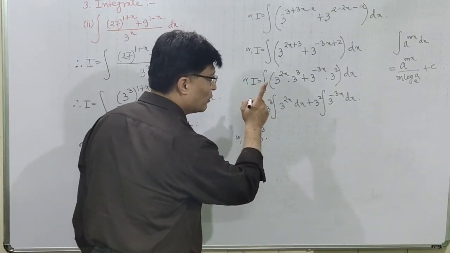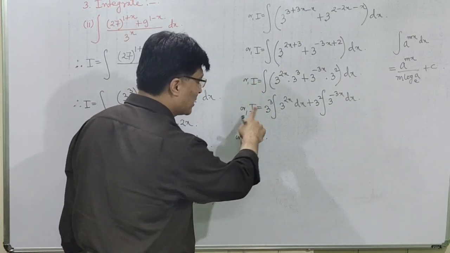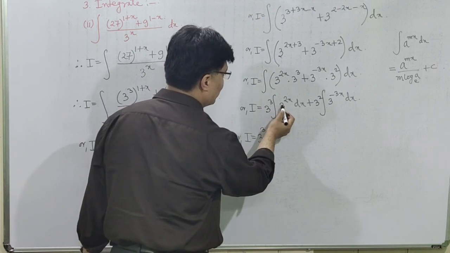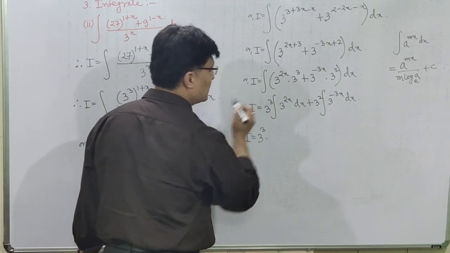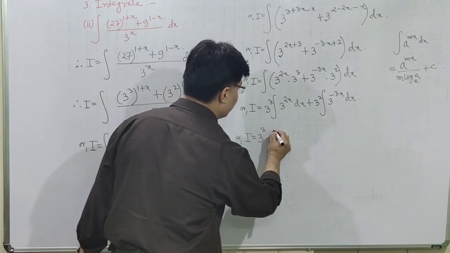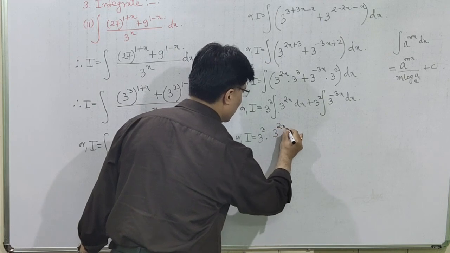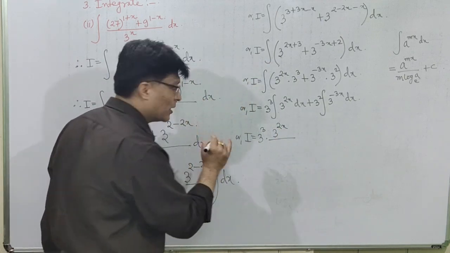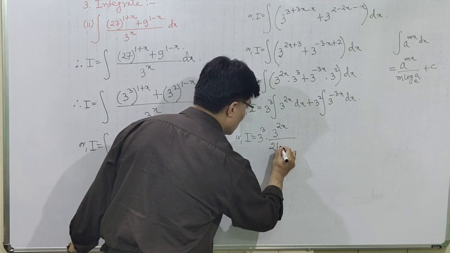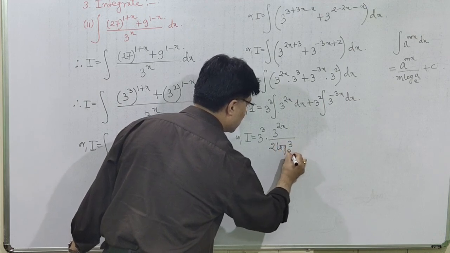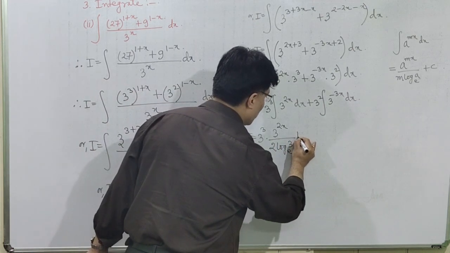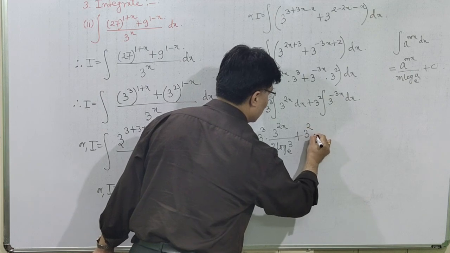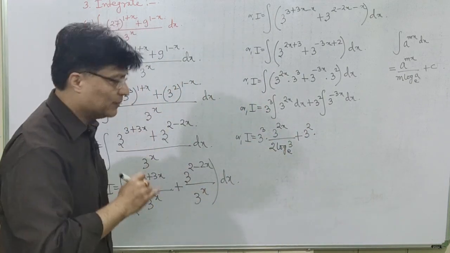So this is 3 cube. What is integration of a to the power mx dx? You can compare it. Here in place of a there is 3, in place of m there is 2. What is this integration? It is 3 to the power 2x divided by m log a base e. What is m? 2 log a means log 3 base e plus, then this 3 square is kept as it is again.